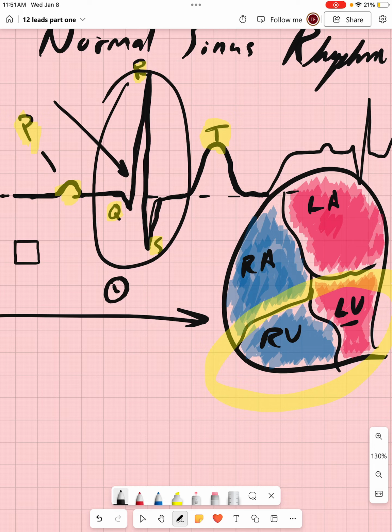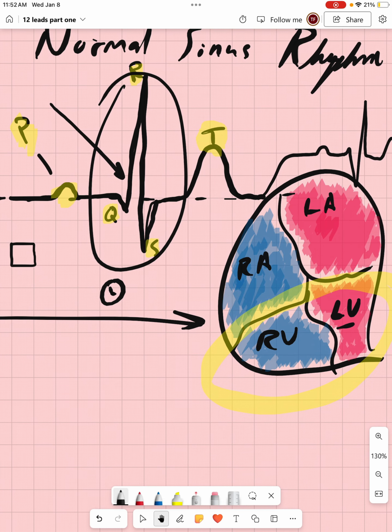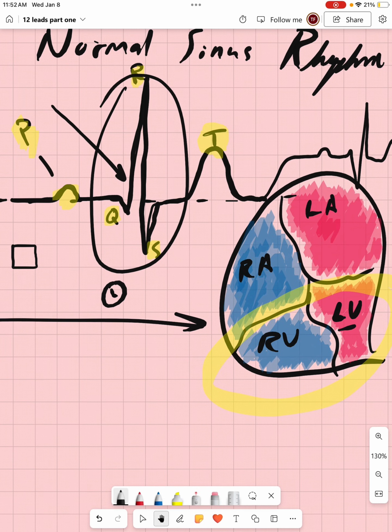Again, there's a large electrical demand physically for the muscle tissue, and because of that, the atria repolarization is lost in that QRS complex. So that's what you're seeing with our P wave, our QRS wave, and our T wave.